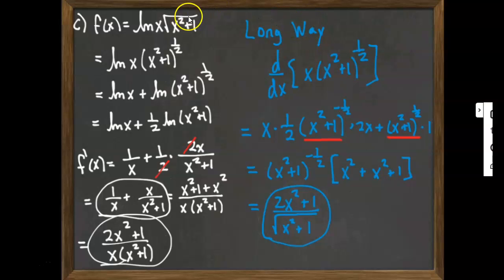Then we apply our chain rule with the derivative of ln of x. And we realize, hey, that's going to be that stuff divided by the stuff on the inside.